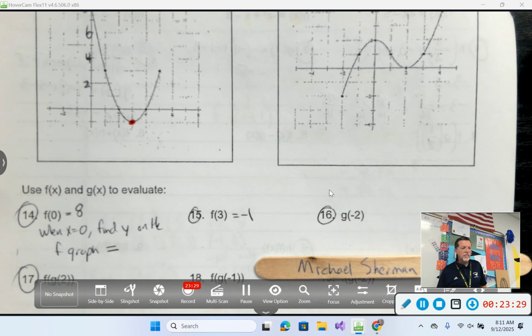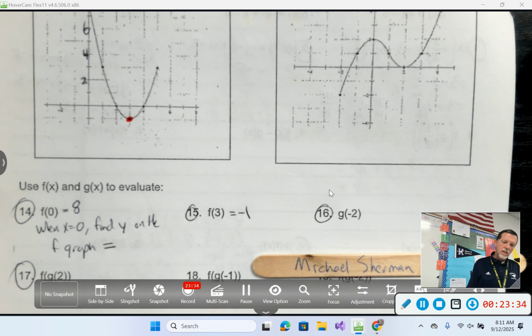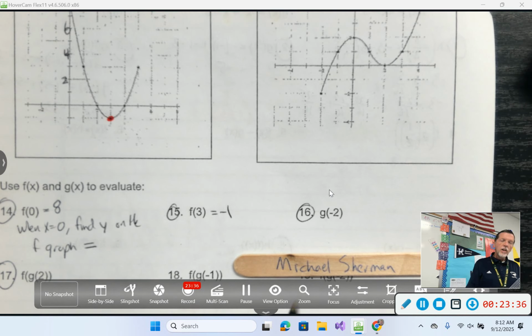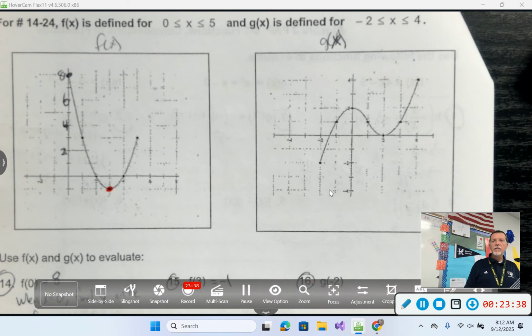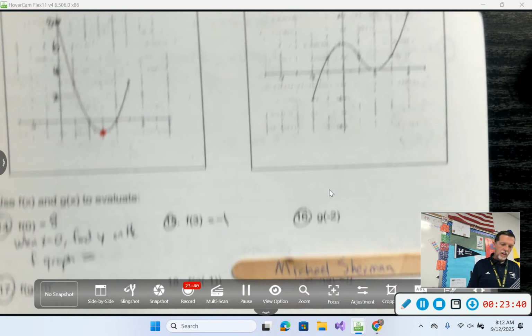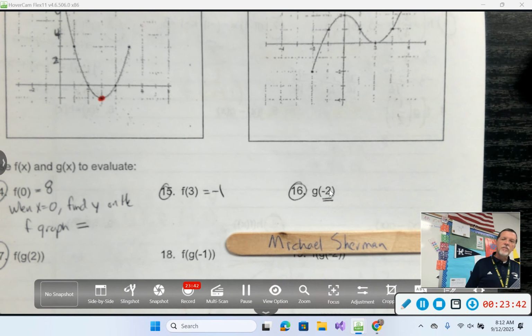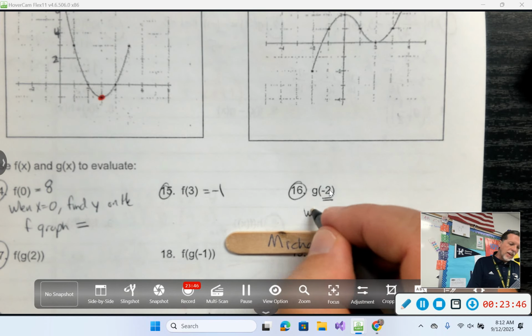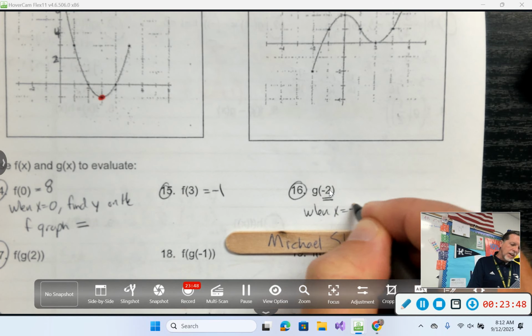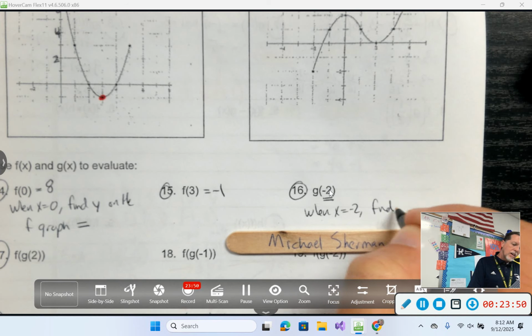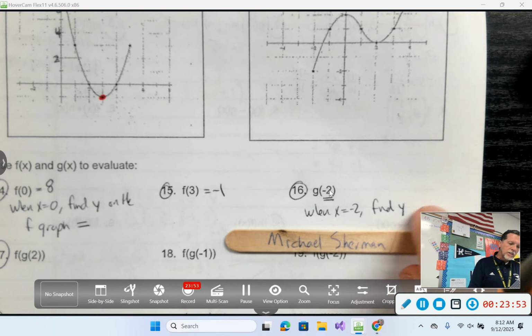Michael, how about g of negative 2? Okay. So which graph is the g graph? The left one or the right one? Okay. Which variable is negative 2? X or y? X. So what this says is when x equals negative 2, find the y value on g.